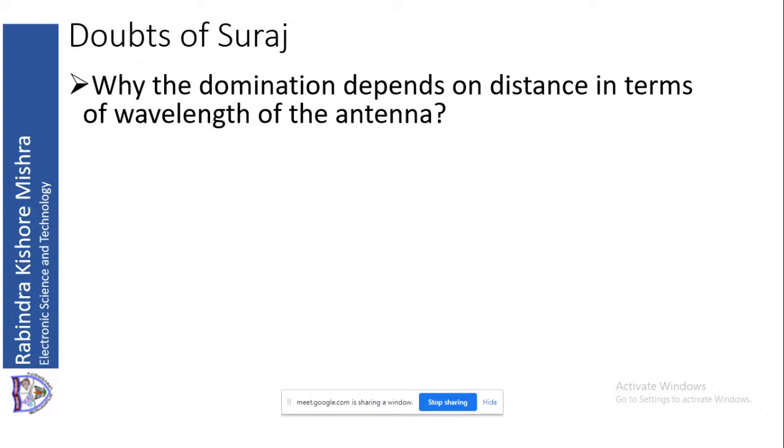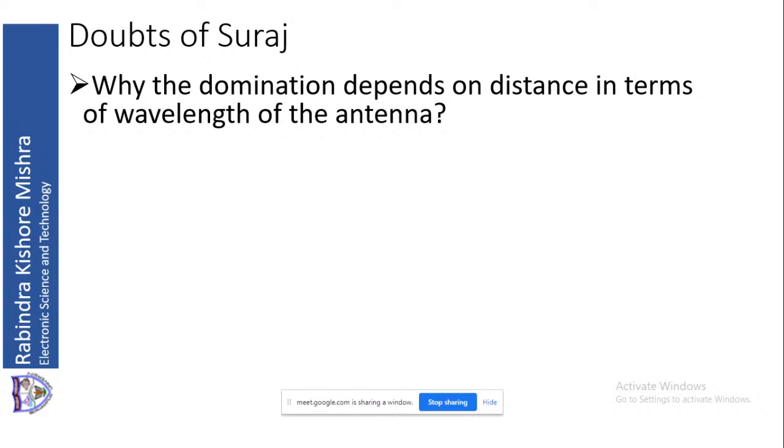By this, I think he means why we are dividing the near field, or the near radiation field, and the far field range in terms of wavelength, not in terms of physical distance. The answer is very simple.